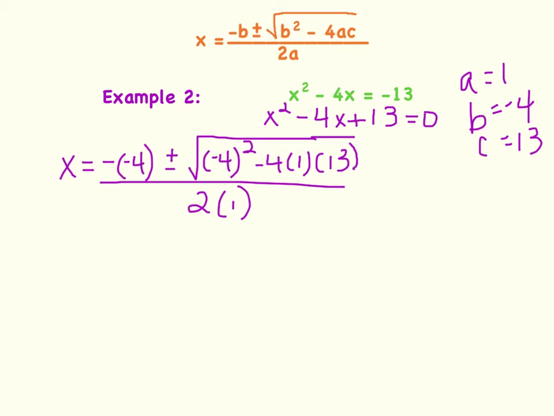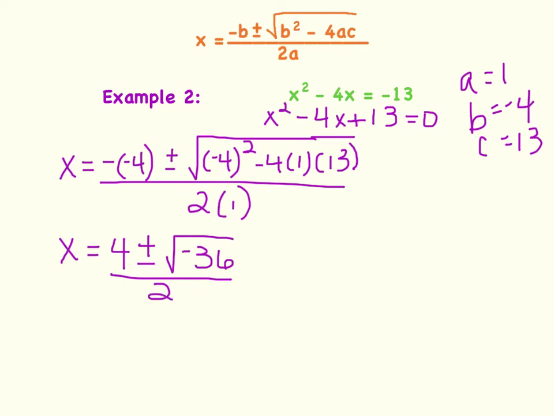Now we can start to simplify this. So we have x equals, now the negative of negative 4 is positive 4. So we have x equals 4 plus or minus the square root of negative 36. Now I said negative 4 squared minus 4 times 1 times 13, and that's what I got, negative 36. We're going to divide this by 2, because 2 times 1 is 2.